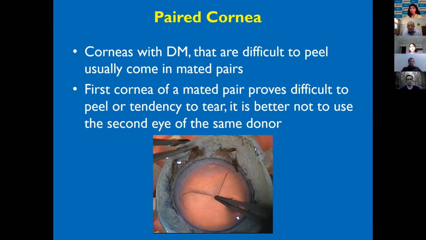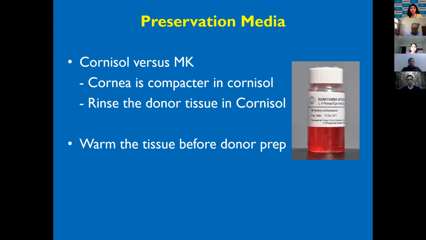These are related to the inherent attachments of the endothelium Descemet's membrane to the posterior stroma. So there's a tendency to tear in some of the tissue. So this is a very important thing. If we have two corneas and one cornea has not behaved well, it is better to disregard the other cornea for a DMEK surgery. The first cornea's mate can still be used for another kind of surgery.